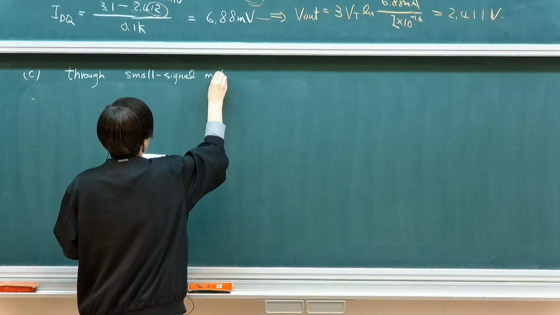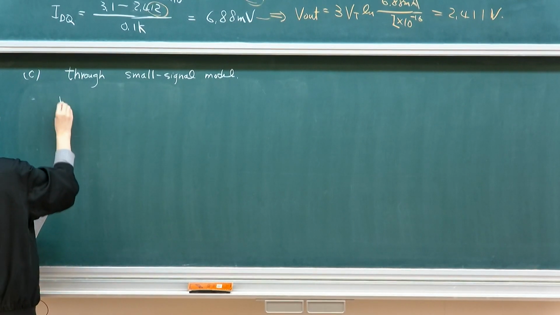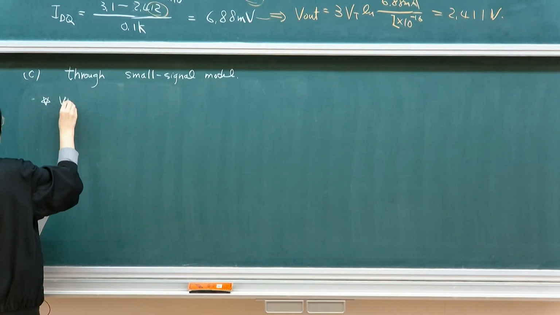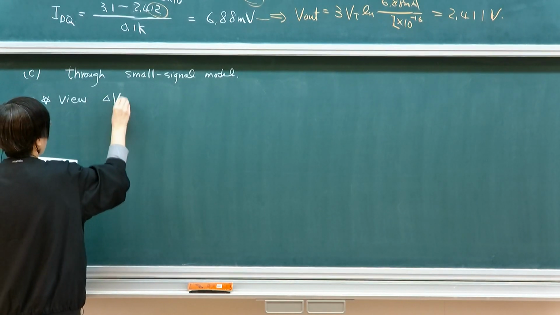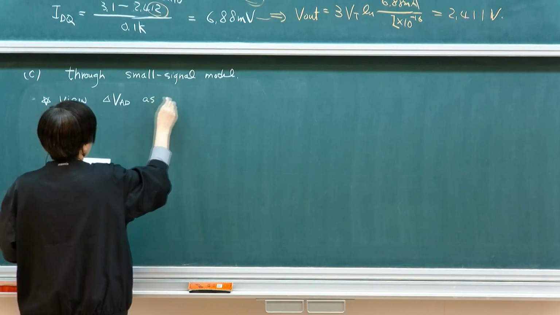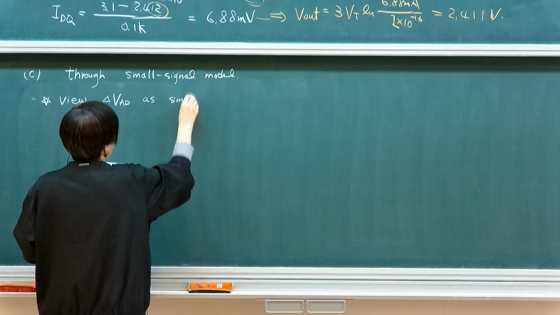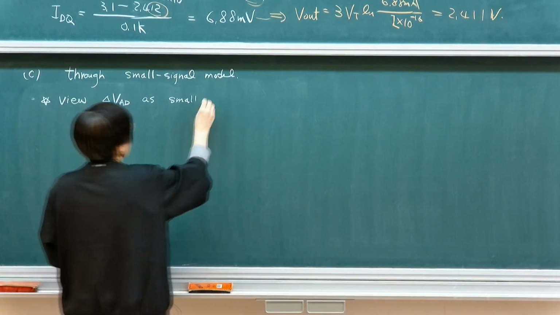So in this case, what is your small signal? Your small signal is simply, first of all, you view delta VAD as a small signal, even though it does not change with time, but it's just a small fluctuation.